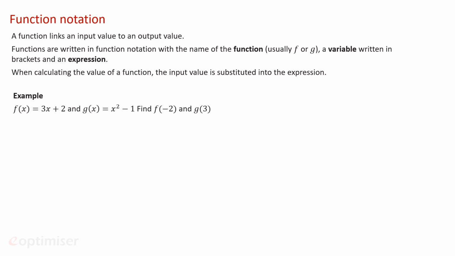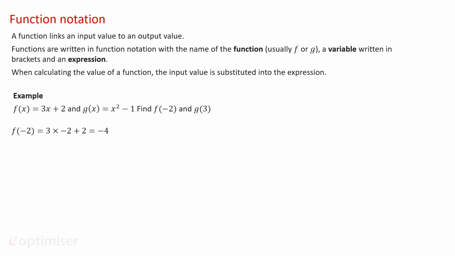When they give you the x value, you can put the value in for x and find the function output. So for the function f(x) equal to 3x plus 2, if you give minus 2 as an input, you will get minus 4 as an output.